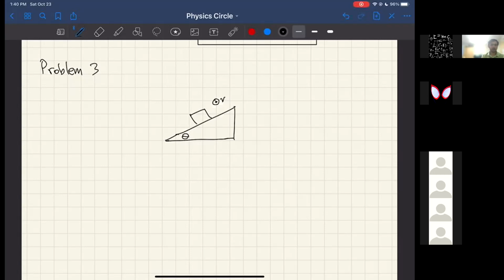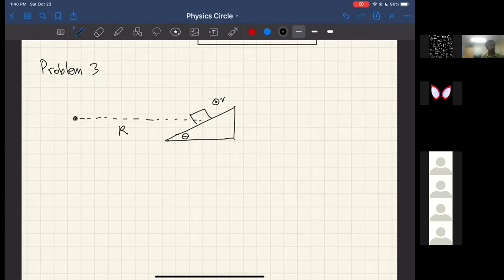And the radius is r, which means that if the center of the track is here, then this radius is r. So is everybody clear on what the circular motion is here?